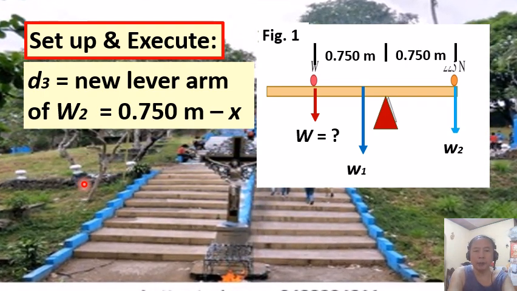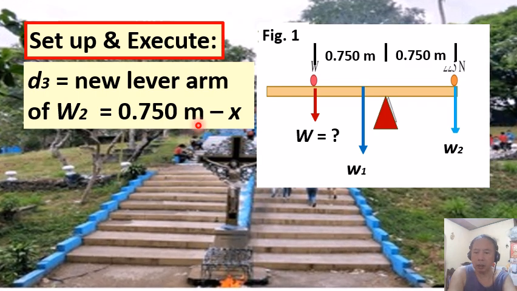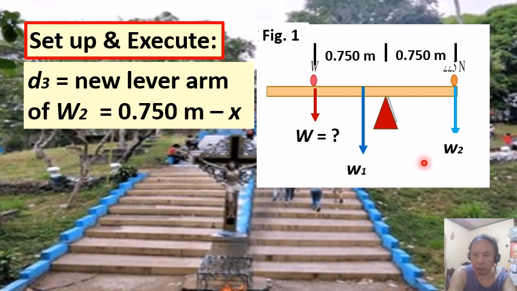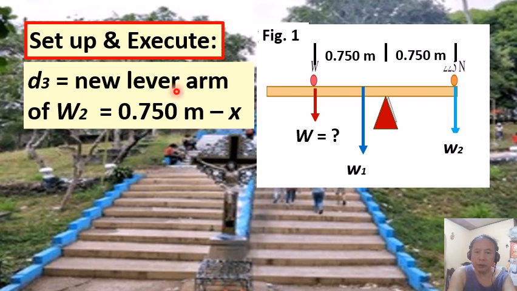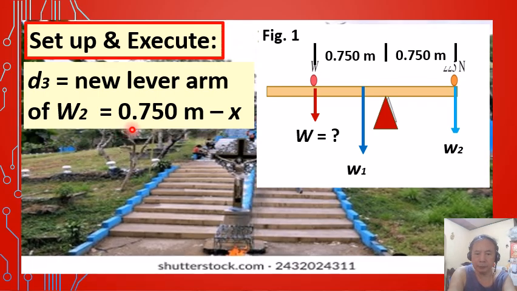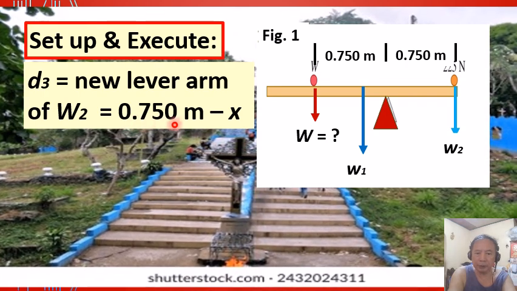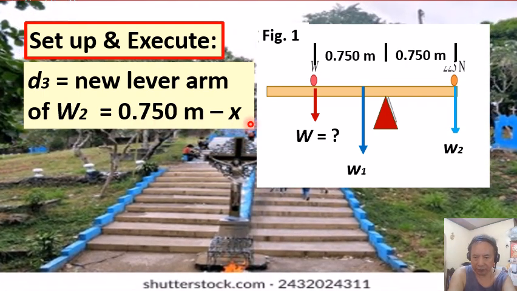Likewise, for the last torque due to the weight W sub 2, its new lever arm is now equal to 0.750 meter minus x.